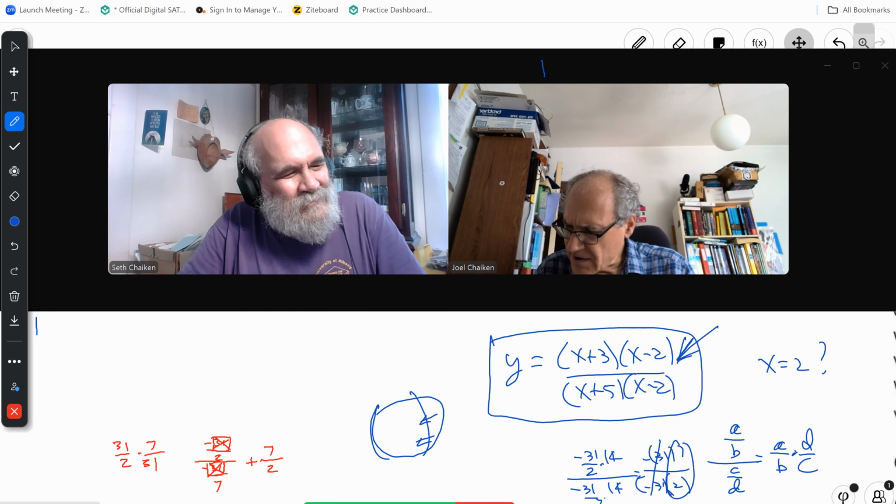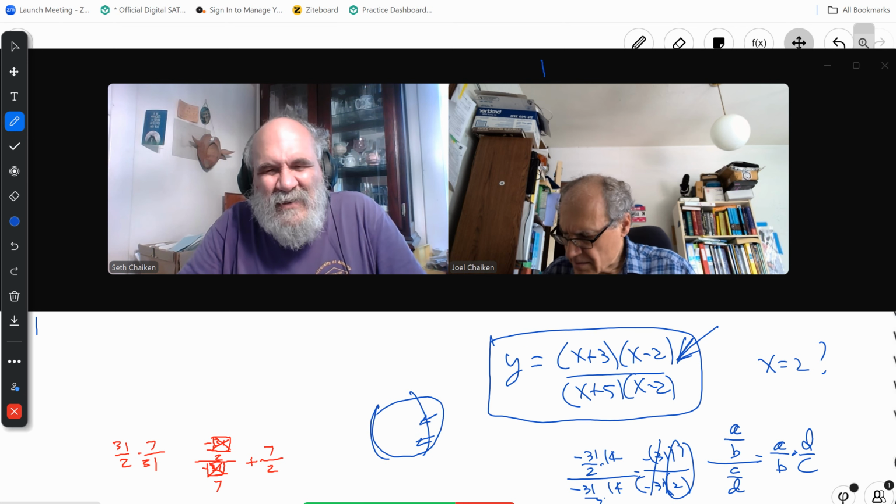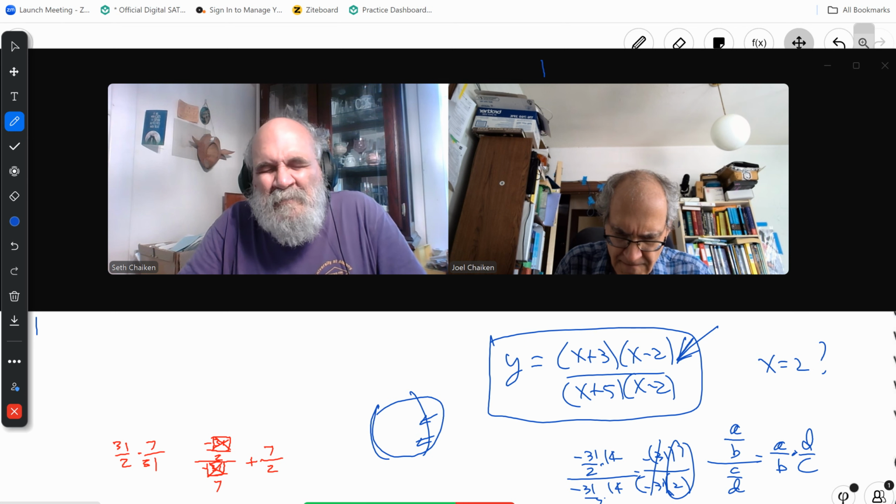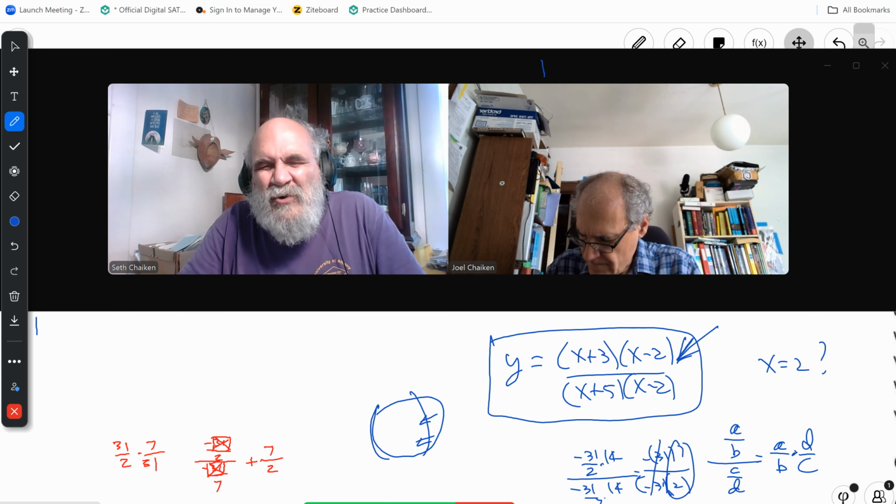Okay, continuity. Limits and derivatives. Actually, I think in terms of topology, even if the function is undefined at x equals 2, the domain of the function is the real line with 2 removed.